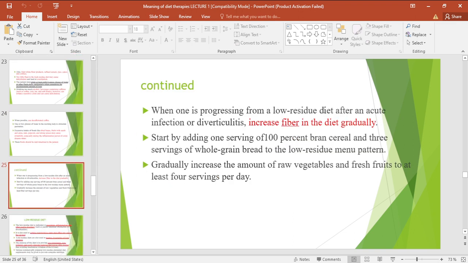And when one is progressing from a low residue diet after an acute infection, you have to increase fiber in the diet gradually. You can start by adding about 1 serving of 100% bran cereal and 3 servings of whole grain bread with a low residue menu pattern. And then you can gradually increase the amount of raw vegetables and fresh fruits to at least 4 servings per day.